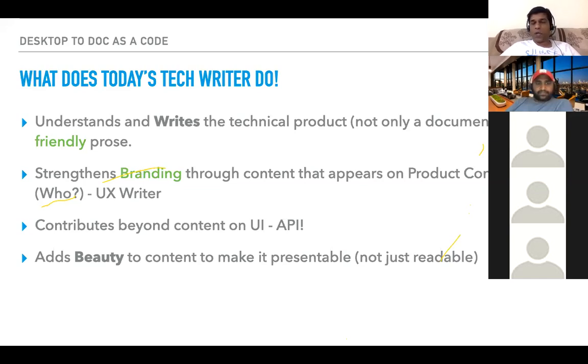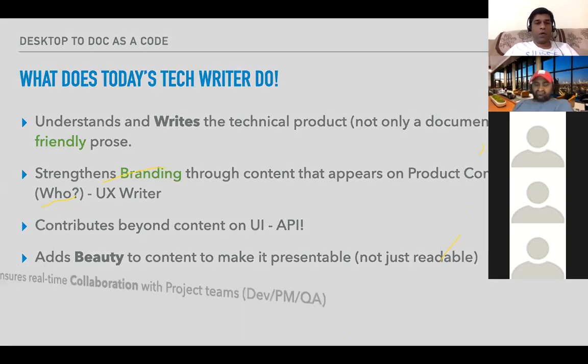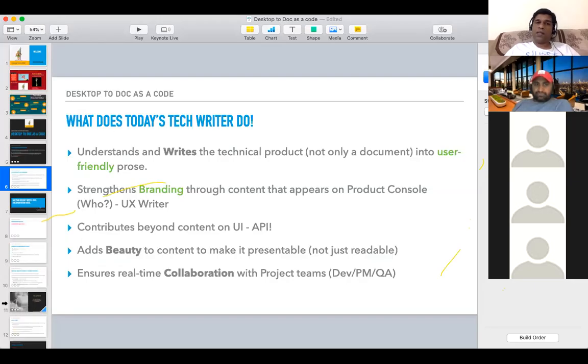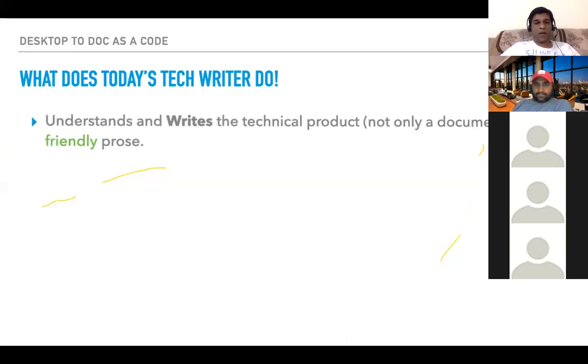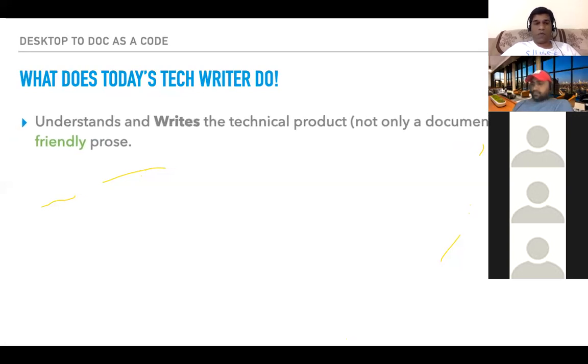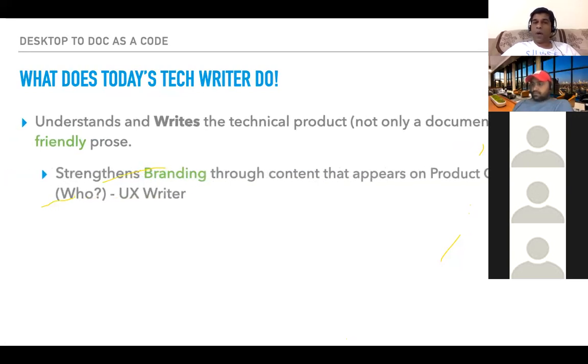So we add beauty to the content. Beauty to the content is what we discussed in the editing part also. Beauty basically means the styles and the formatting, and for that we go through various tools that help us use multiple kinds of styles and formatting. That is not part of writing.